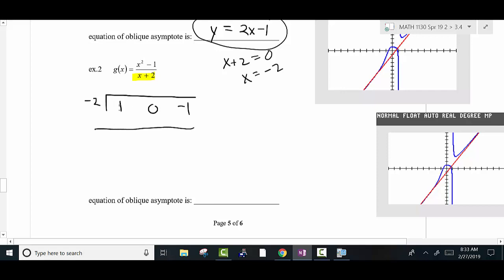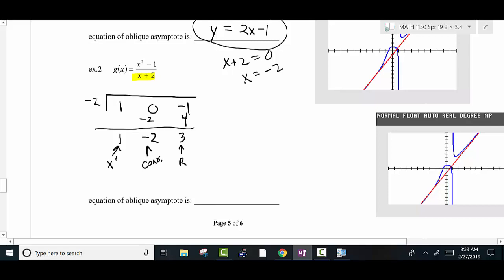Bring down the 1, negative 2 times 1 is negative 2, add the column, multiply, which would be 4, add and you get a remainder of 3, which is okay. You're going to get a remainder. So this is your remainder, this is the constant term, and then that is x to the first.